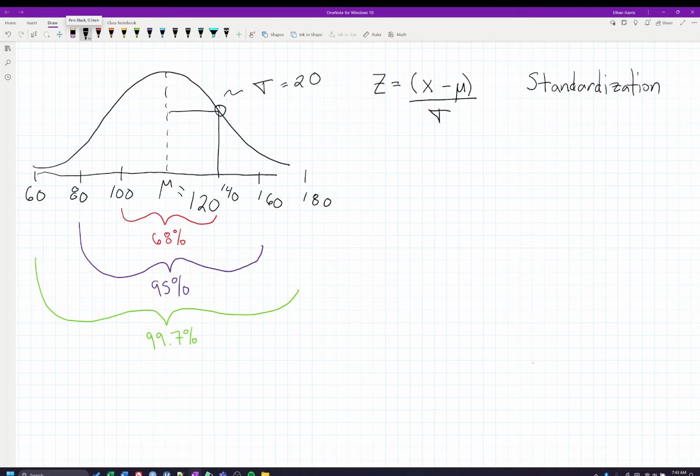So let me draw out what's called a standard normal distribution. Same shape and everything, except when we standardize, we call this a mean of 0 and a standard deviation of sigma equaling 1.